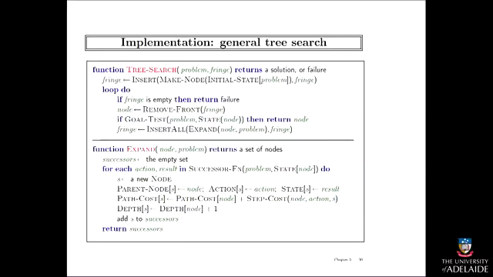So for each possible action and result that is returned by the successor function, so the successor function gives us all of the new states and how we reach them, we're going to create a new node S, and the parent node of S is the node that we started with. The action to get to S is the action that's been returned by the successor function, and the new state is the state that the successor function tells us we will be in. So this is populating a new node that we've just expanded.